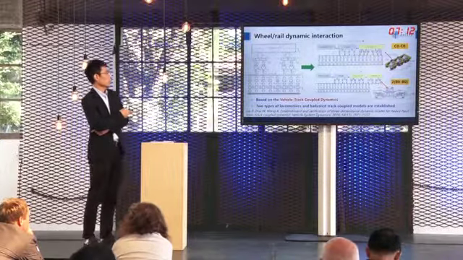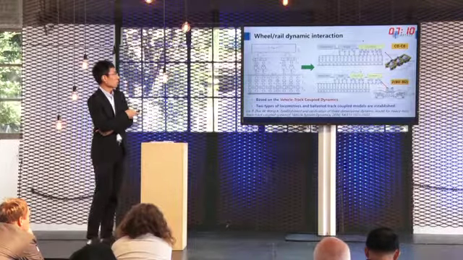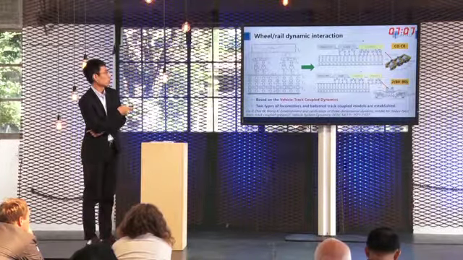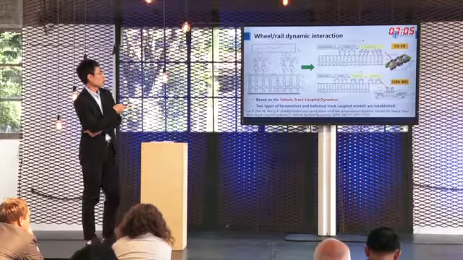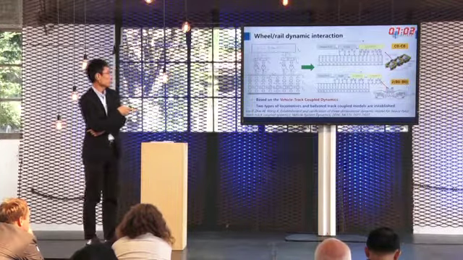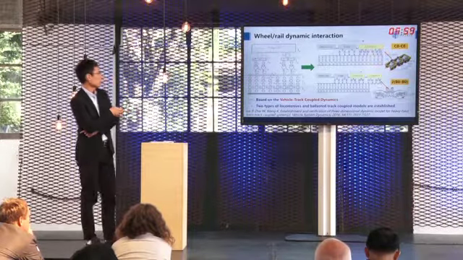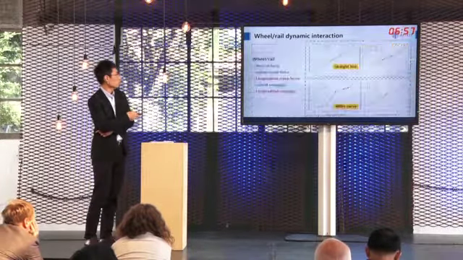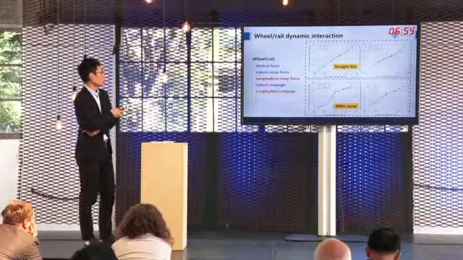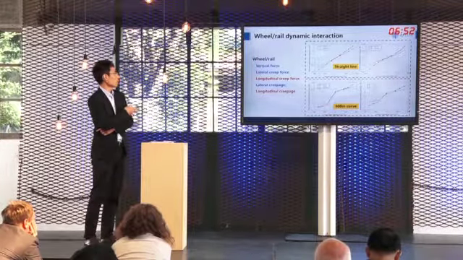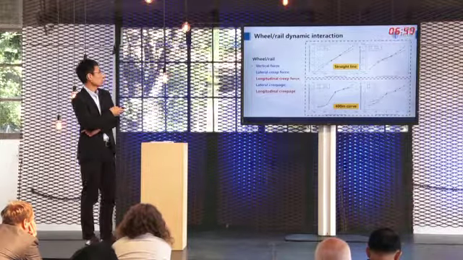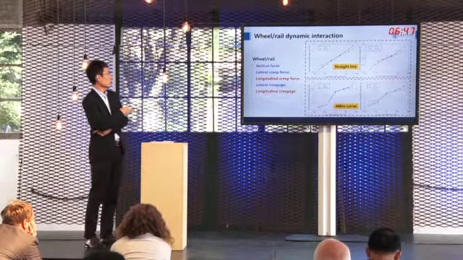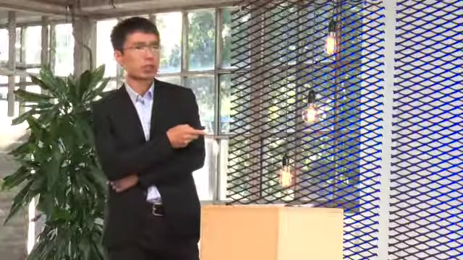Okay, the third part is the wheel-rail dynamic interaction, to give some evidence for the measured results. Two types of locomotives were chosen to simulate, and the model was based on vehicle-track coupled dynamics. We did a lot of simulations, and the wheel-rail vertical force, lateral creep force and creepage, and the longitudinal creep force and creepage were compared.